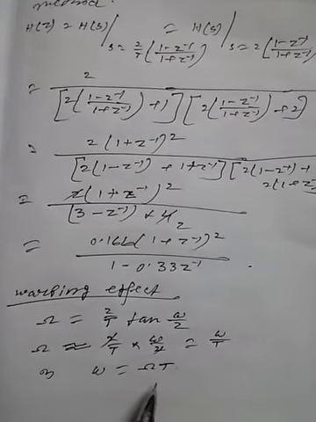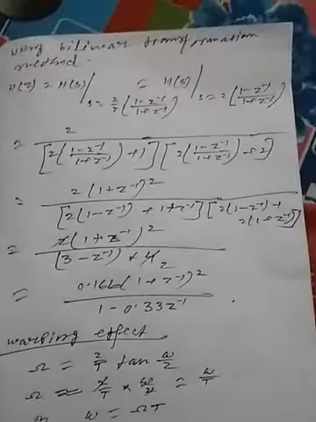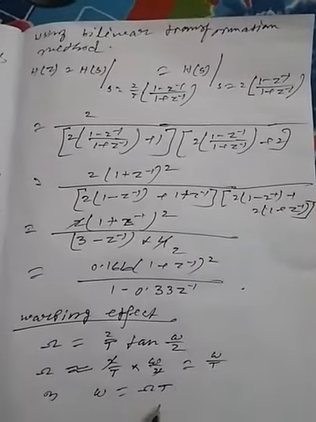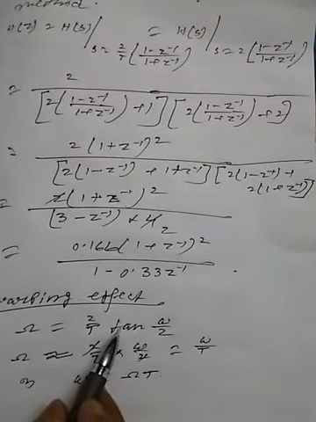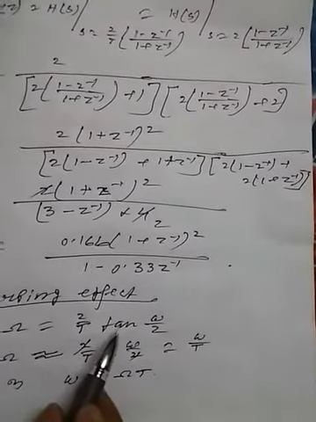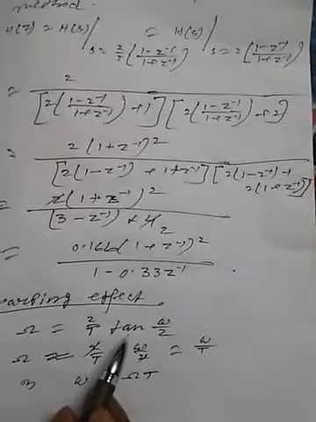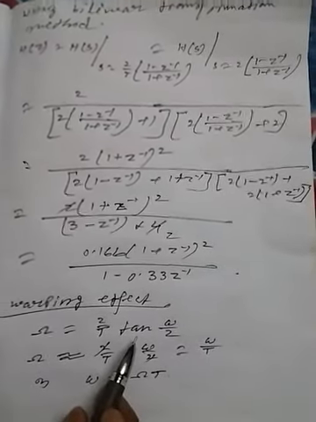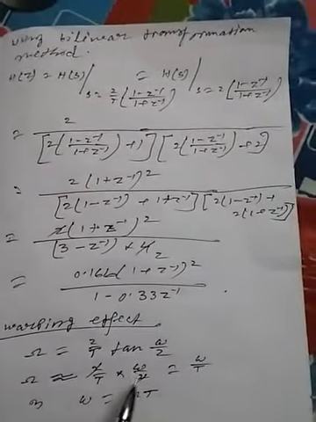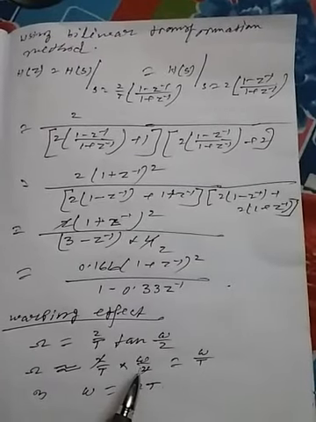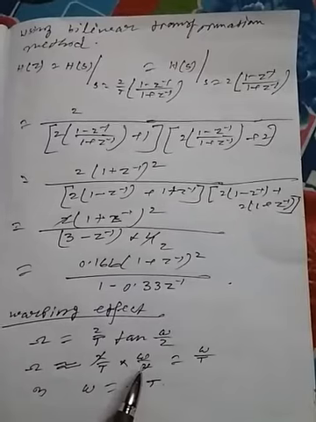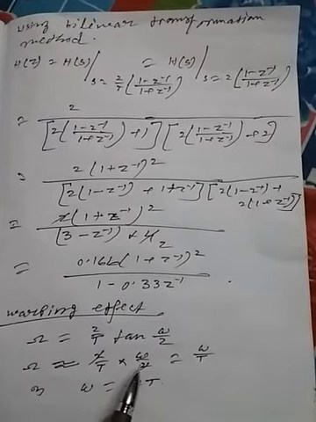For high frequencies, however, the relationship between small omega and capital omega becomes nonlinear because of the tangent term. So distortion is introduced in the frequency scale of the digital filter relative to that of the analog filter. This is known as the warping effect.